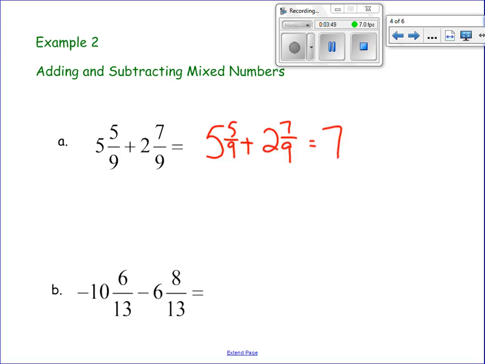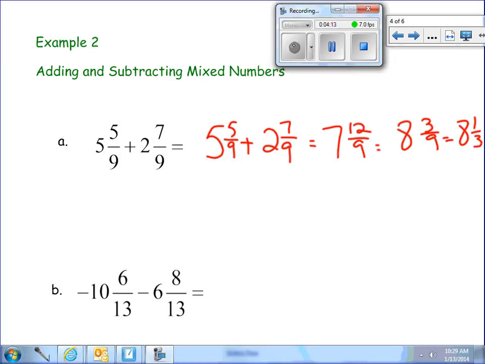Then my numerator is 12 over 9. I'm noticing that I have another whole in my fraction, which would be 9 over 9. So I'm going to subtract that and add it to my whole numbers. 12 minus 9 would be 3 ninths. Simplify that: 8 and 1/3.